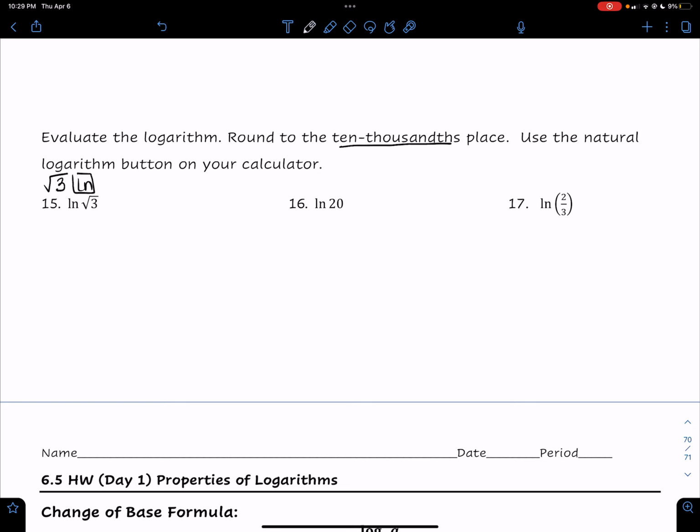The radical button, I believe you have to hit second, and I believe it's towards the top right somewhere, but find that one, type in radical 3, ln, and then hit equal. This one here will come out to about 0.5493.